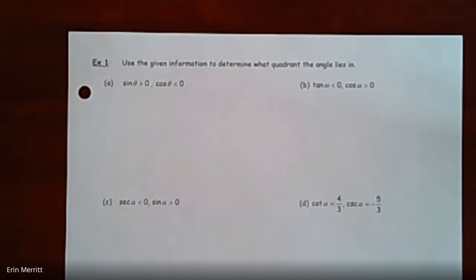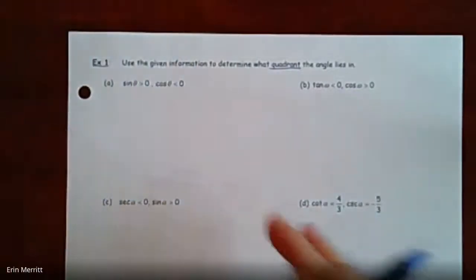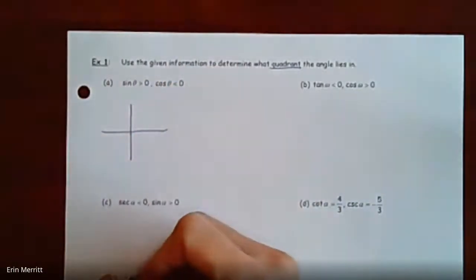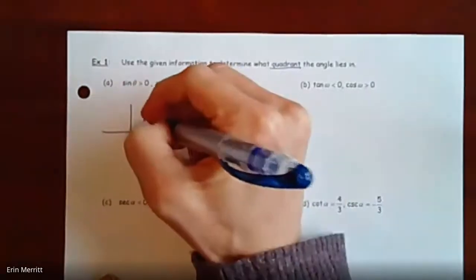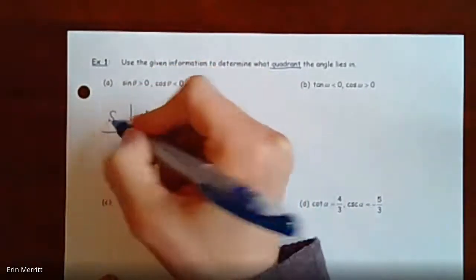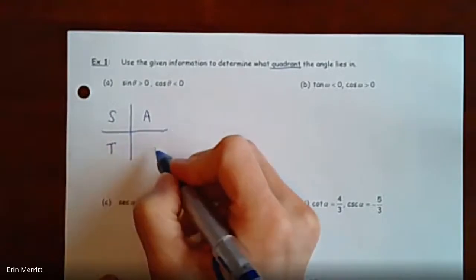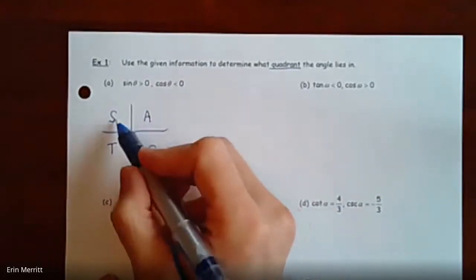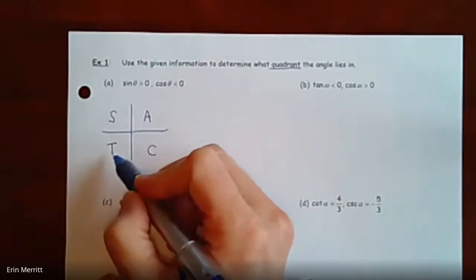It says, use the information to determine what quadrant the angle lies in. So I want you to draw yourself a set of axes, and then let's practice. Starting in quadrant 1, all, quadrant 2, students, 3, try cheating, or ASTC, all, sine, tangent, cosine.